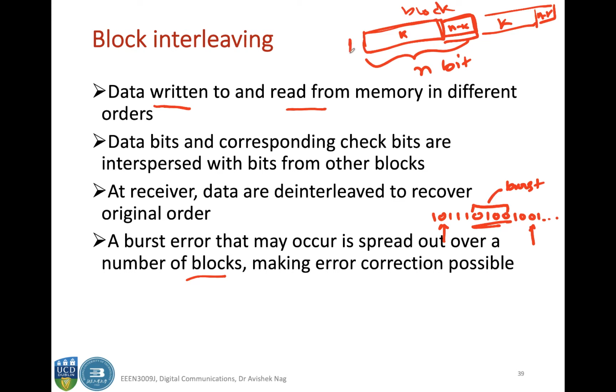Let's say this is block 1, this is block 2, and so on. Now if a burst error happens at this instance, then it might affect both these blocks. If that happens, then error correction becomes very difficult. So that's why you need to do block interleaving.